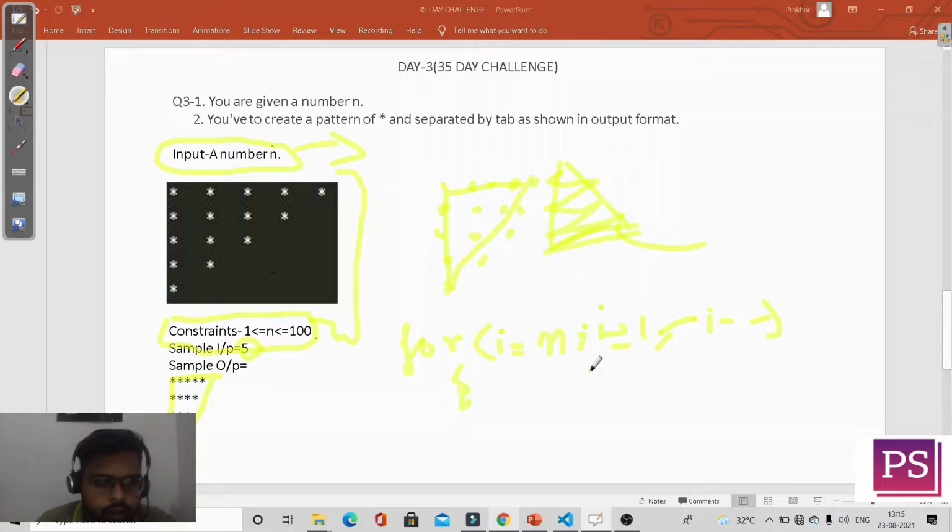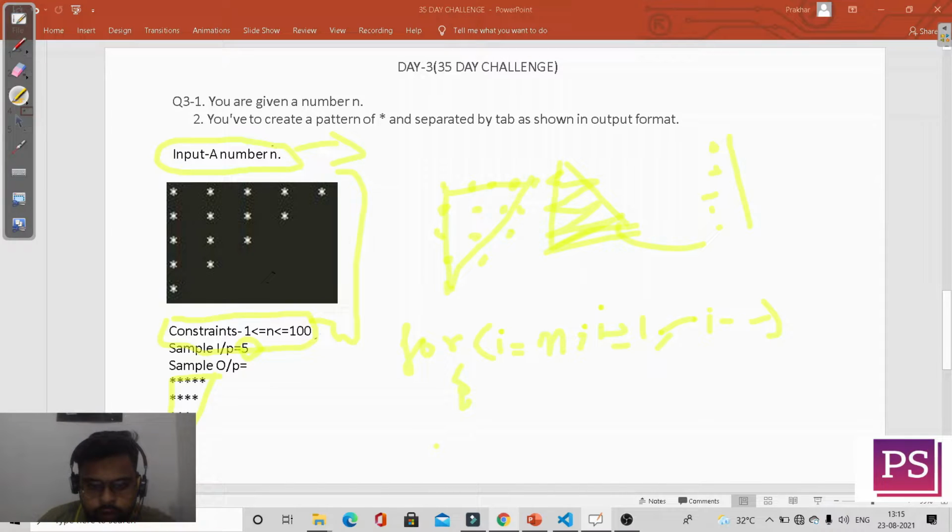This is only our for loop. If by this loop we print a star here, then it will print first star, second star, third star, fourth star, and fifth star in a row. That will only do this, but our main motive is to print an inverted right angle triangle, not this.